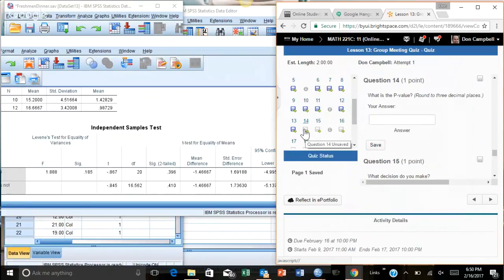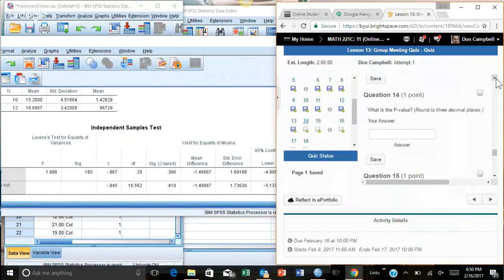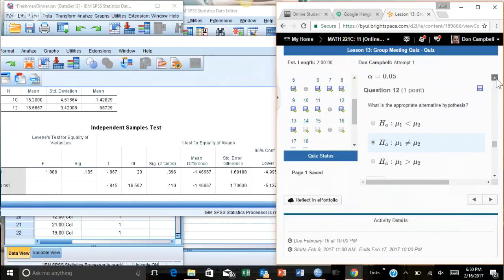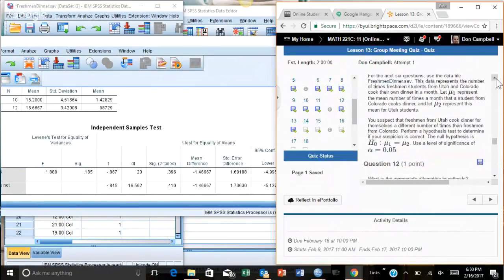And do we half it this time, or do we not half it this time? We half it because you make that determination based on the alternative hypothesis.